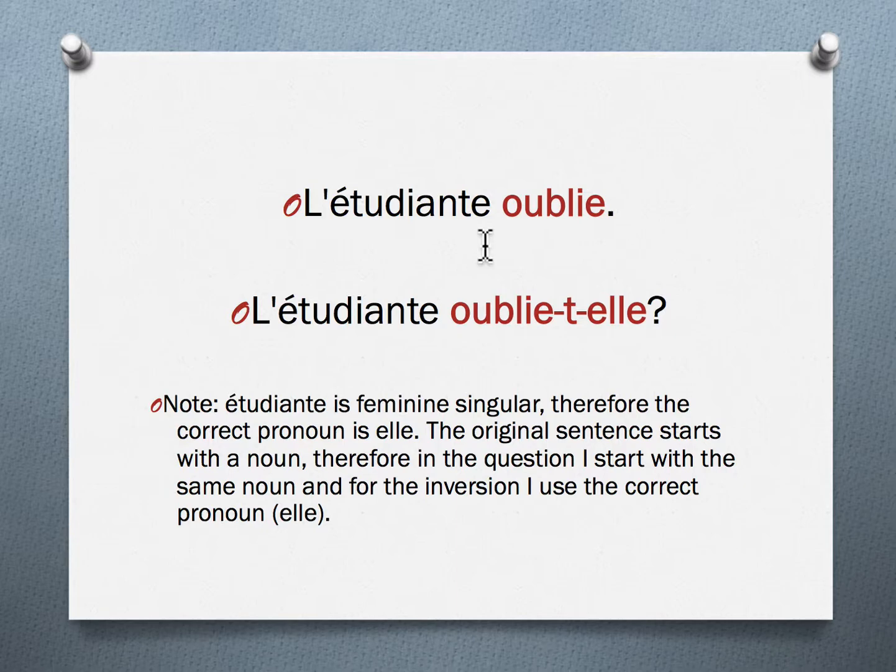The original sentence starts with a noun, therefore the question starts with the same noun, and for the inversion I use the correct pronoun, which is elle. If I had a masculine student, a male student, I would say l'étudiant oublie-t-il?